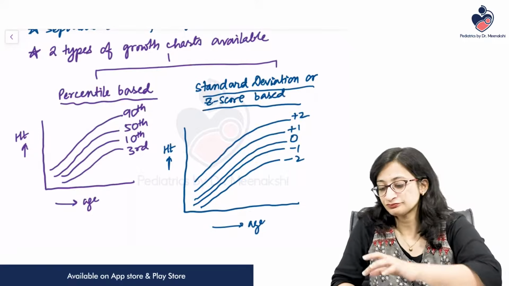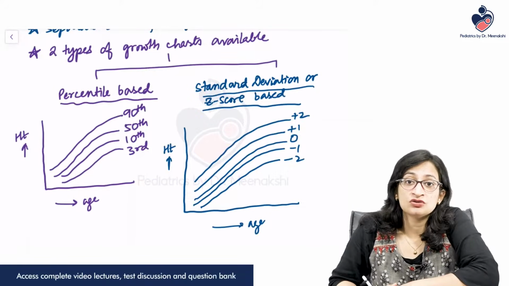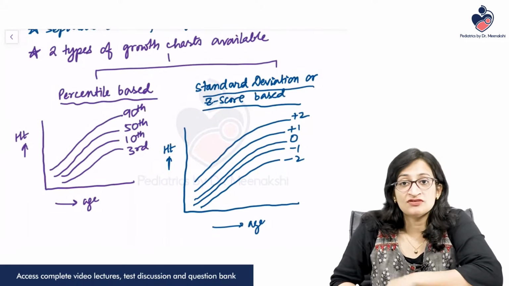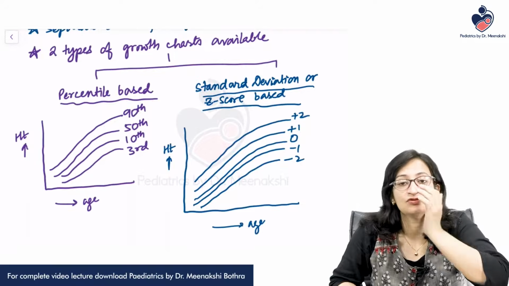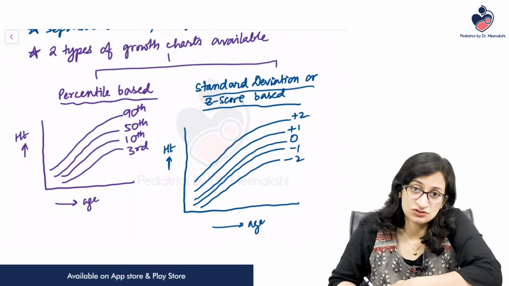But all said and done, WHO growth charts are the preferred growth charts only for under 5 children all over the world, okay? Beyond 5 years of age, even at AIIMS, we used to use the Indian growth charts or the contemporary growth charts which are available.